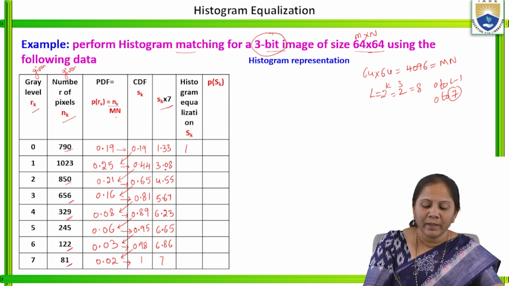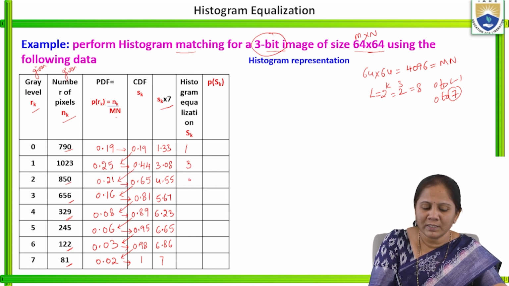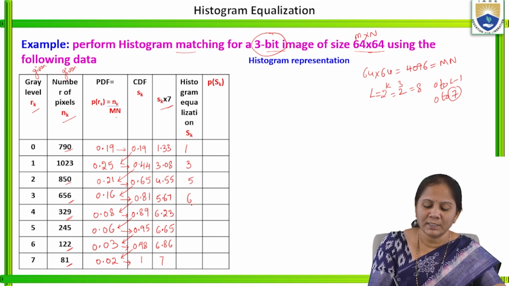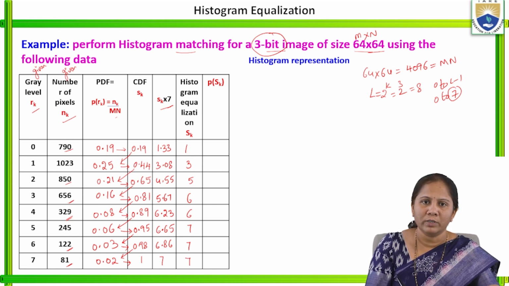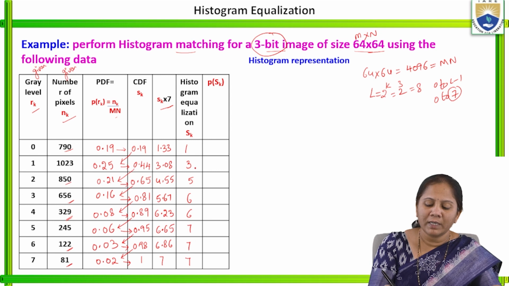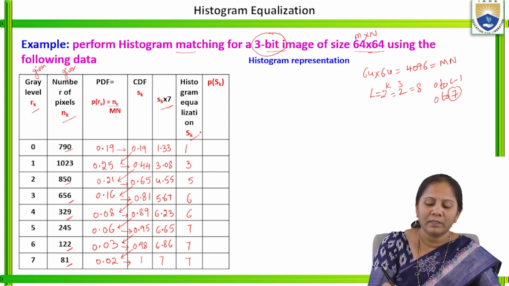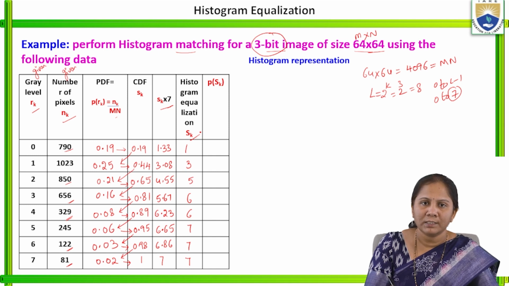For 1.33, the nearest integer value is 1, 3.08 is 3, 4.55 is 5, 5.67 is 6, 6.23 is 6, 6.65 is 7, and 6.86 is 7. The last one, 7, is already a rounded value. All these values we got are called the final Sk values.